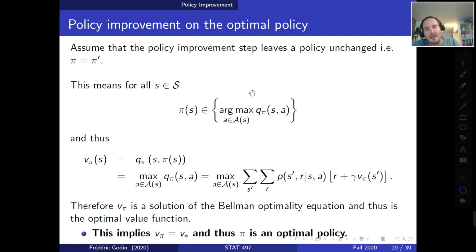And then repeat that, get another better policy, pi prime prime prime, and continue like this until you get a very good policy. But then the question is, when do you stop? If you do that, will you eventually uncover the optimal policy? That's a very relevant question.